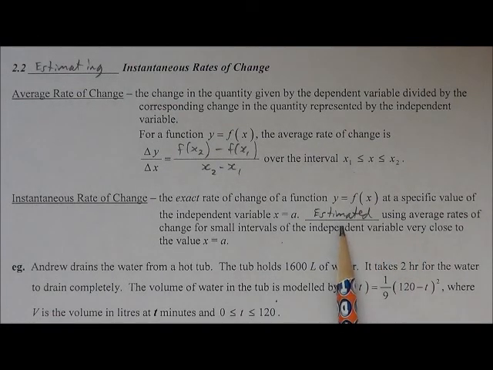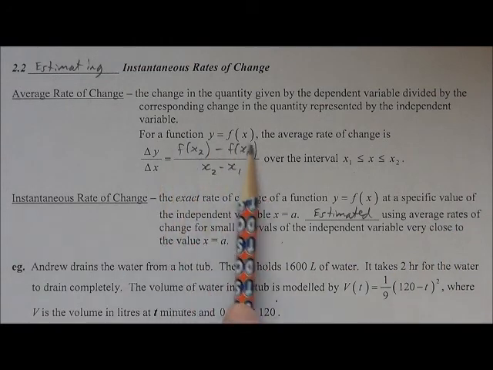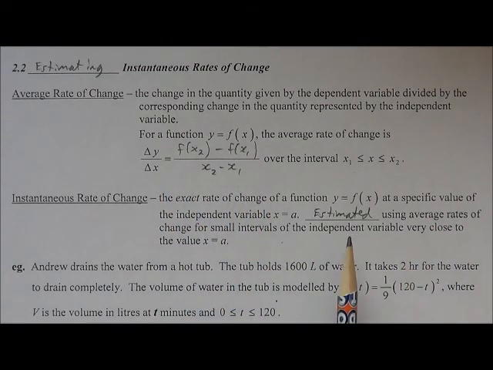So we're actually just going to be estimating the instantaneous rate of change by using average rates of change. We're going to be using this formula over and over and over again to estimate the instantaneous rate of change.